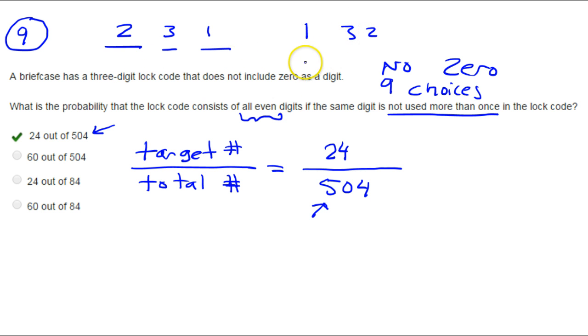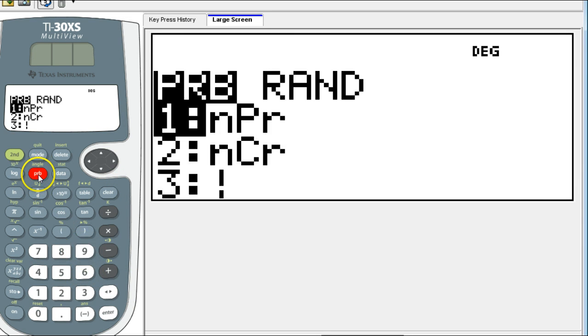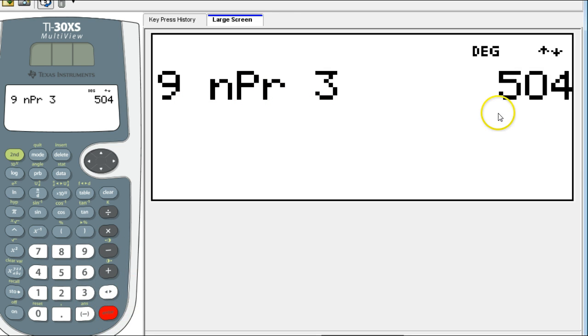So we're talking about permutations. If I wanted to find the total number of codes, you could do 9 pick 3. You do the 9 first, go to probability, option number 1 is permutations, and then the 3. So this is a 9 pick 3, and you could get your 504 that way.